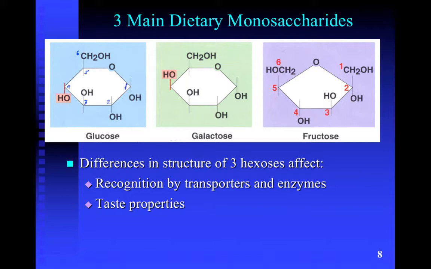And the taste properties, for example, in the taste buds, proteins recognize the difference in structure, and I think we all have gathered that fructose is the sweetest of the monosaccharides, and it's one of the reasons why it ends up being so common in certain foods.